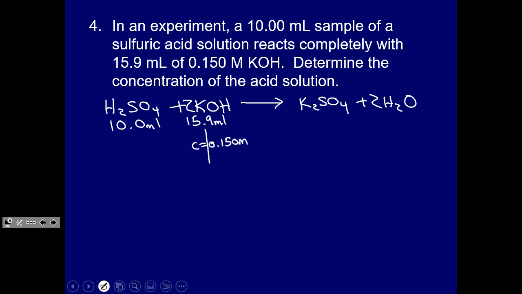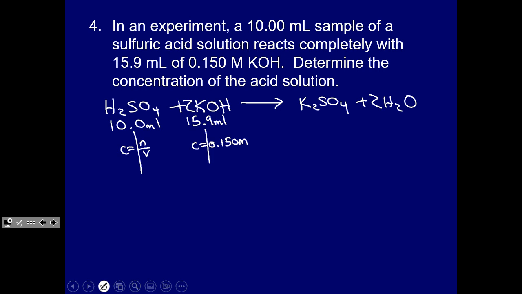And we want to find the concentration of the acid. And this is, like I said, a very useful and typical type of experiment, of a laboratory technique. It's called a titration. We will do it right before the Christmas break.